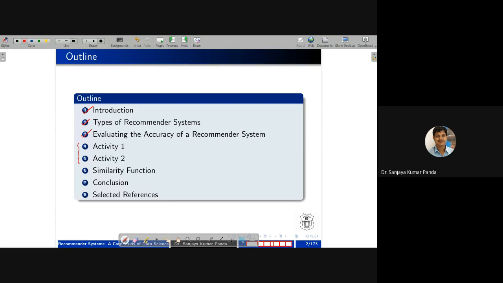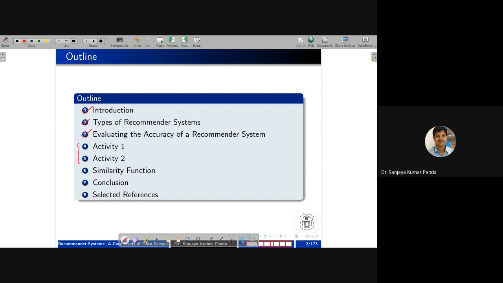After that, we'll see some similarity functions. This is more about the research work related to recommendation systems, where generally we use some traditional similarity function, but this similarity function has some drawbacks.